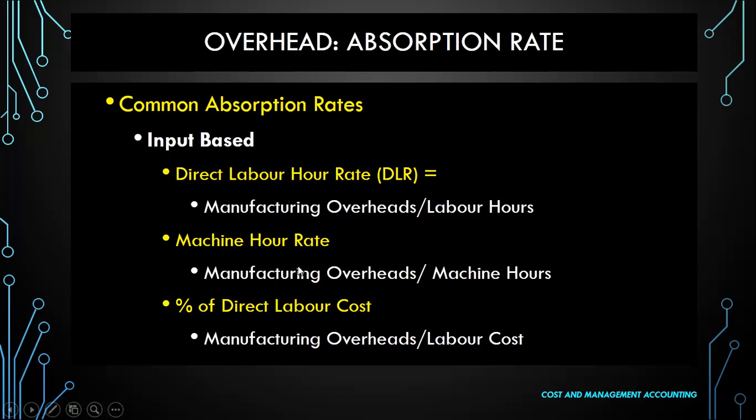But if manufacturing overheads are driven by the machine cost, it is better to use the machine hours, and then you get the machine hour rate. Sometimes it is also calculated as a percentage of the direct labor cost.